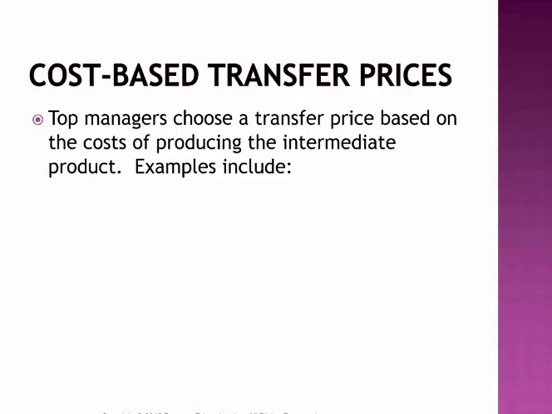Top managers choose a transfer price based on the cost of producing the intermediate product when we're talking about the cost-based transfer prices. Again, we have seen using our cost as a starting point in setting customer prices in one of our earlier chapters. We're doing the same kind of thing here.